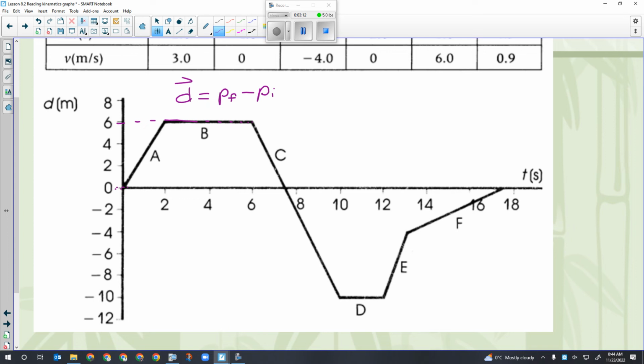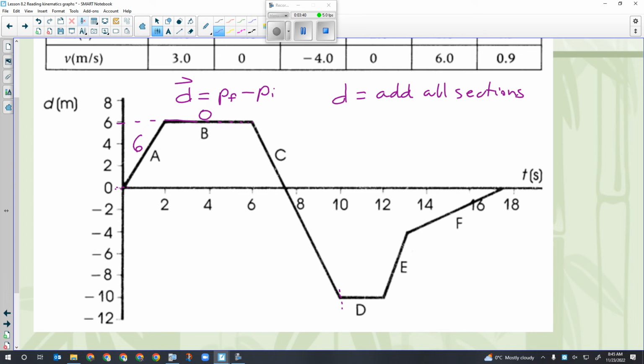I can also calculate the total distance. If I'm calculating the total distance, that means I need to add all the sections together. So essentially I'm doing final position minus initial position, but I'm doing it for every part of the graph and then adding all the sections together. So if I wanted to calculate the total distance traveled to 10 seconds, I know that it goes 6 meters here.